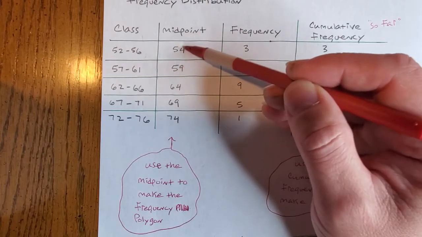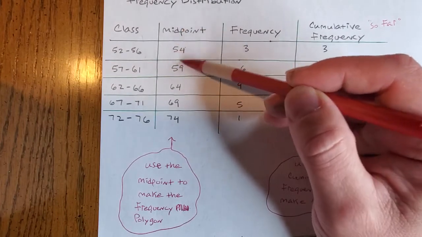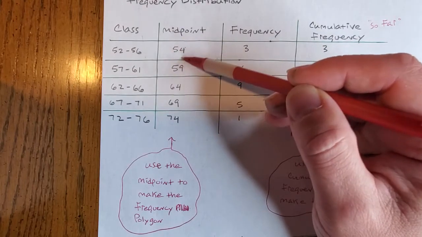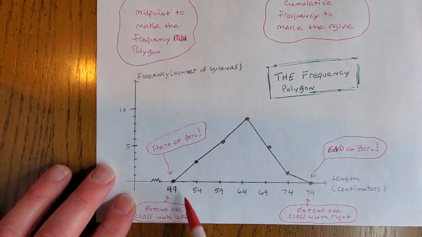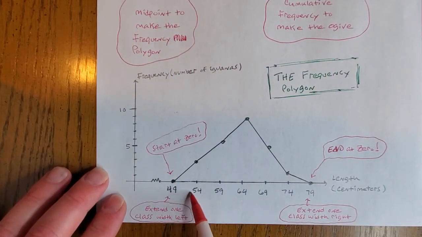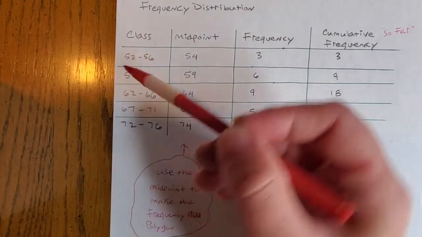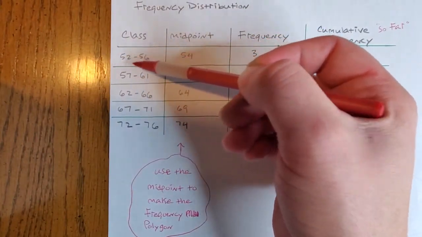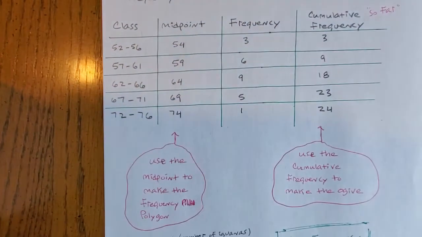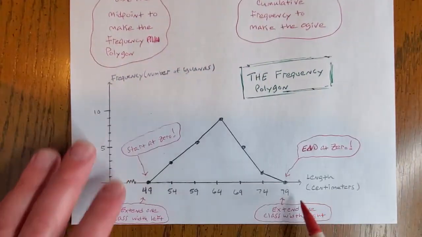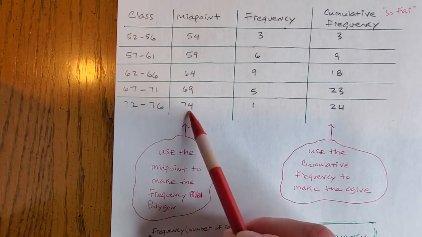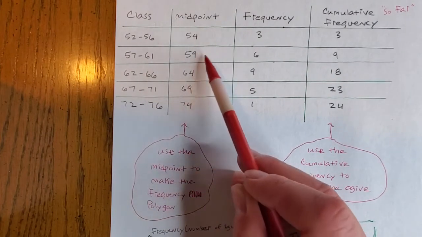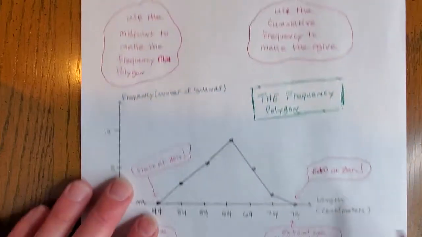So if there was a midpoint to the left of this one, it would be by subtracting 5, so that would make it 49. So that's 1 class width to the left, and that one will be at 0 for reasons I said, right? Because if you go far enough under 52, under that class, then you're going to have none. And then I went 1 class width to the right. What's 74 plus 5? Remember, all these midpoints are separated by 5. 74 plus 5 is 79.